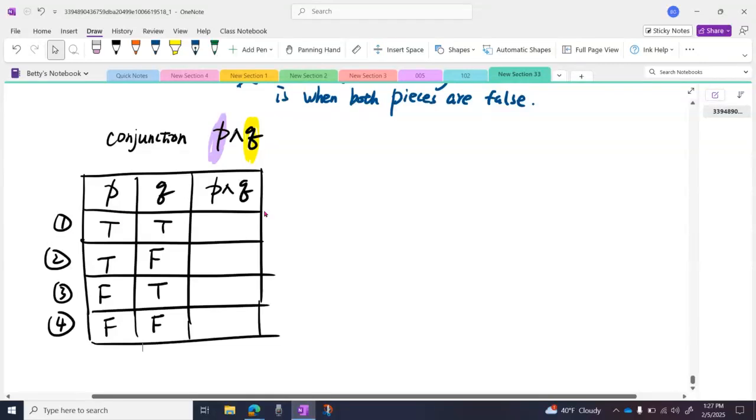Let's see. In each case, how do we determine the truth value of P and Q? Answer this question. Conjunction is "and."